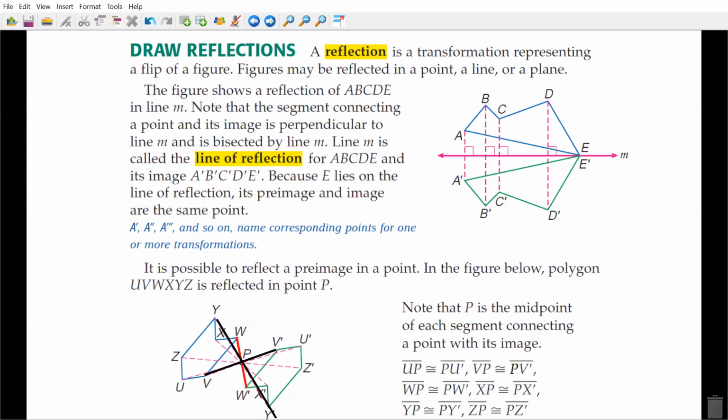Okay? Teacher, I have a question. Yes, Salome. Only the points W and V need to be equal? The rest, no? No, all the points, yes. Look, the distance between Y and P is going to be the same distance between P and Y prime.